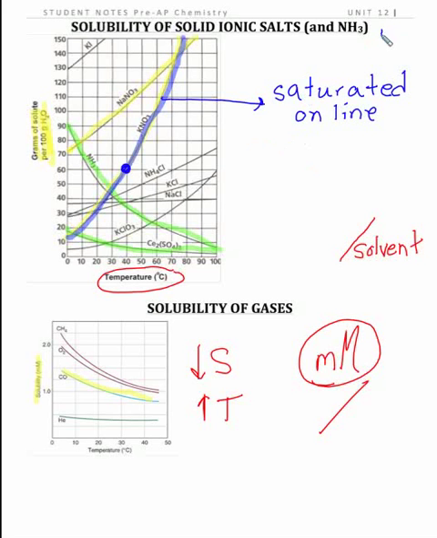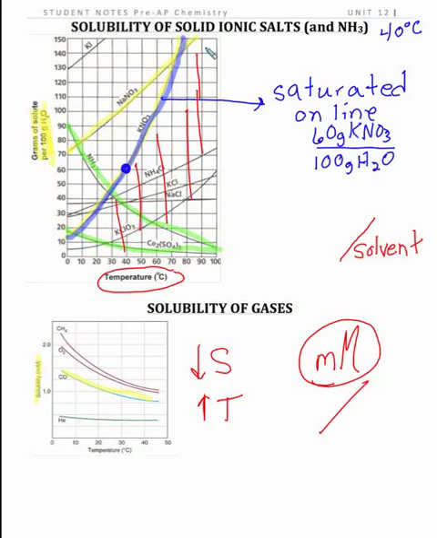So at 40 degrees Celsius, 60 grams of KNO3 would be able to dissolve in 100 grams of water. Okay. Now, for potassium nitrate, any place below the line, so anywhere on this chart below the line, is unsaturated.